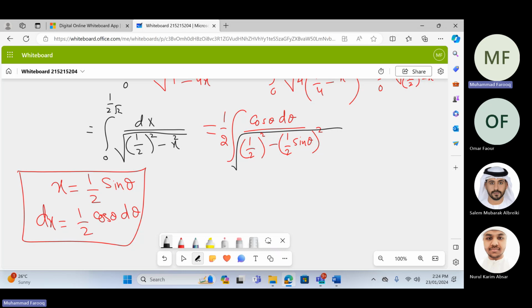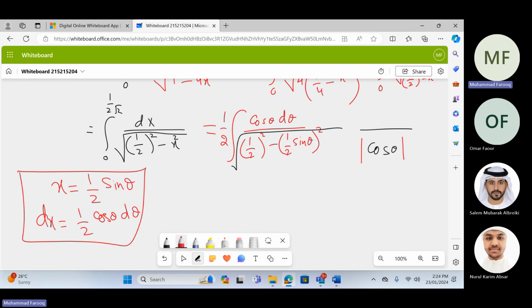Because as we get cosine squared in the denominator, basically you get the square root of cosine squared theta, and then it becomes cosine theta absolute. Now, what do you do with 1 over 2 squared? Because 1 by 4 and 1 by 4, take the factor 1 by 4.